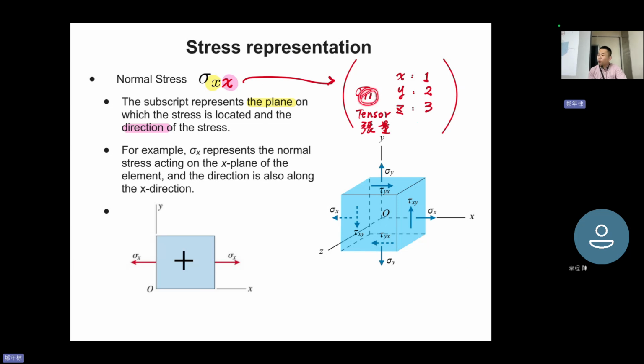Actually, you can use this index in a for loop to go through all the elements of the matrix. So this representation, sigma 1,1 and 2,2, is very suitable for computer calculation. So this is a very nice invention, tensor.